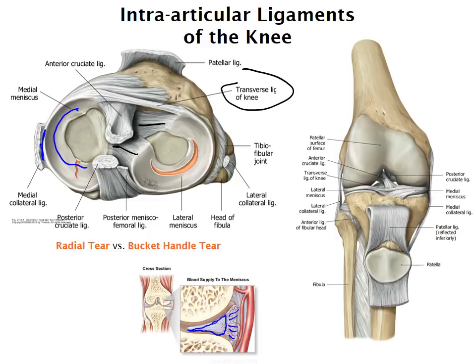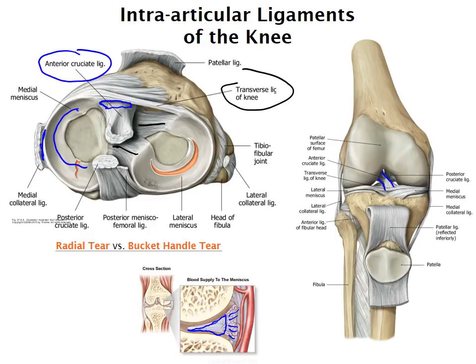The ACL, or anterior cruciate ligament, courses obliquely from the anterior intercondylar area of the tibia. So here we see the ACL arising from that anterior portion of the tibia. And it travels to the posterior aspect of the lateral condyle of the femur, which we can somewhat make out here on the right side of the picture.